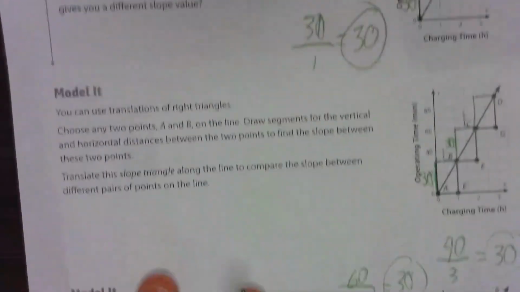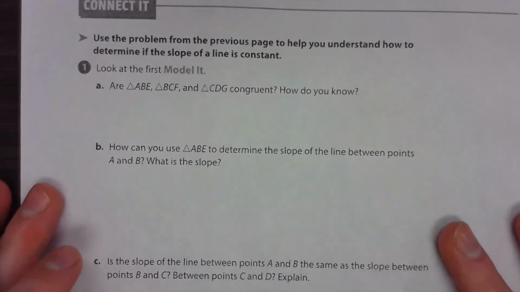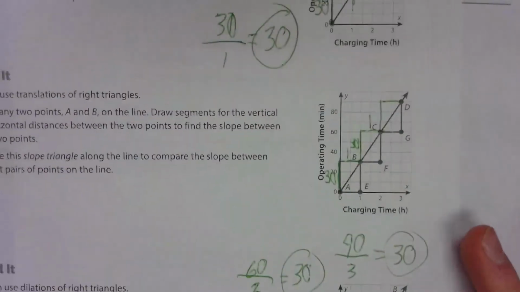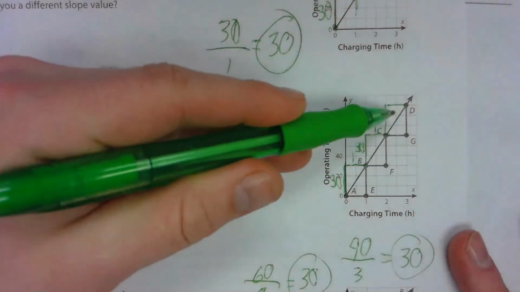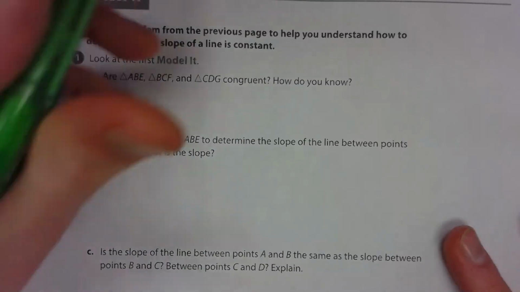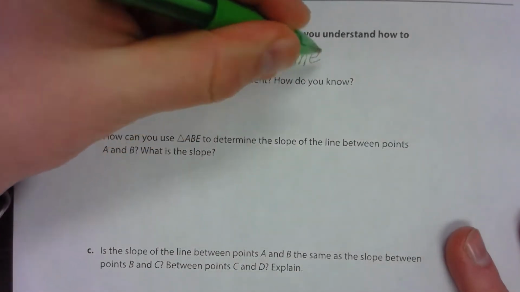So let's sum that thought up a little bit here. Are these triangles that we made here congruent? Congruent means the same measurement.